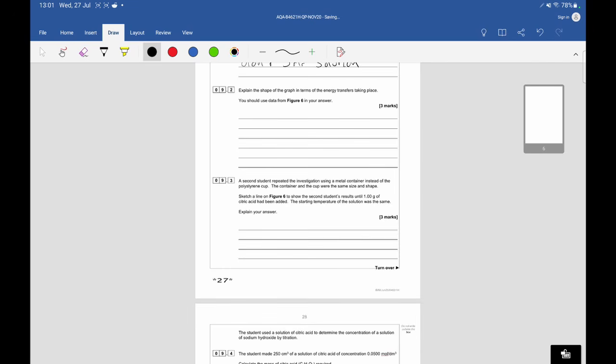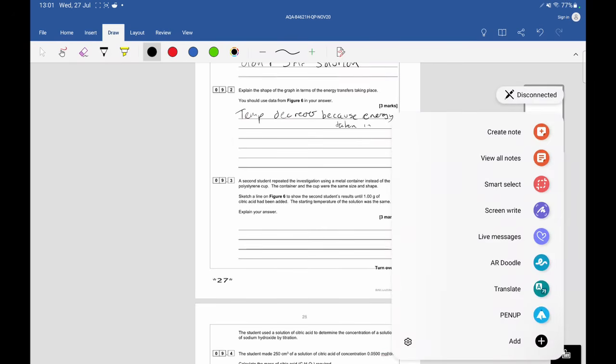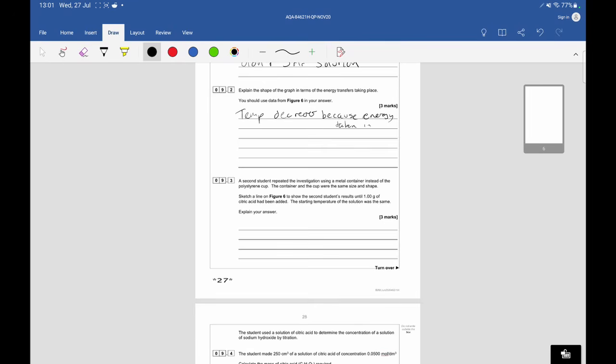To start with, we know that temperature decreases initially because energy is taken in by the solution.